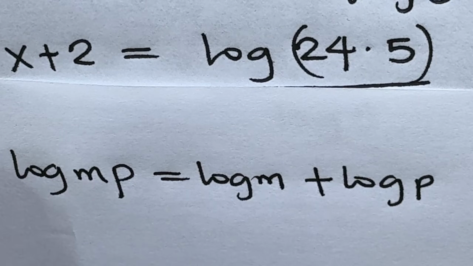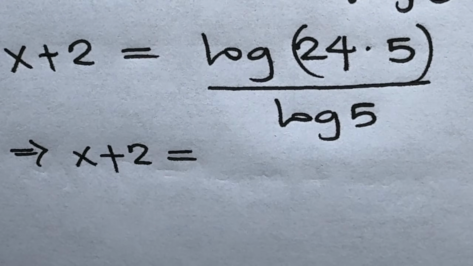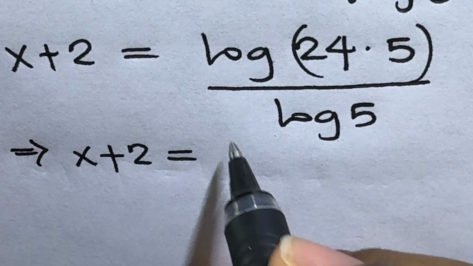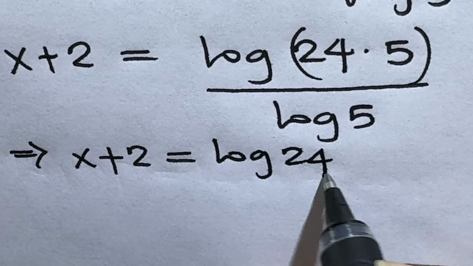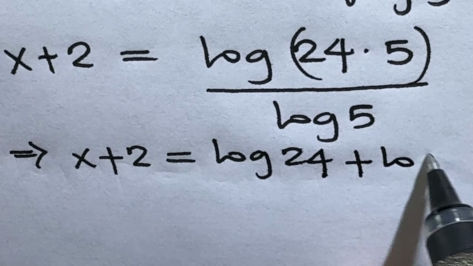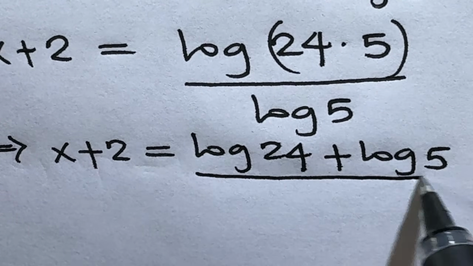So we use this law to separate this product. Then this will give us log 24 plus log 5, both divided by log 5.